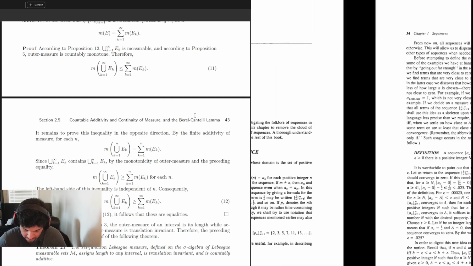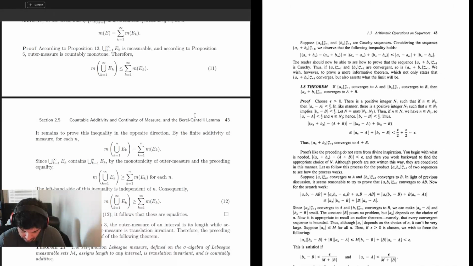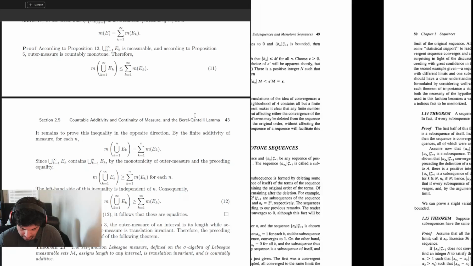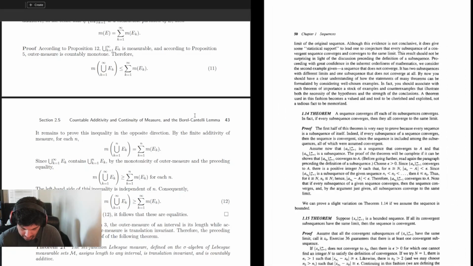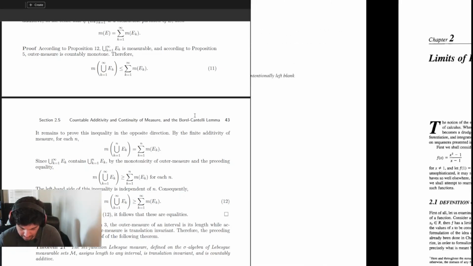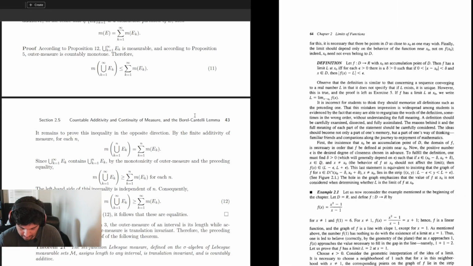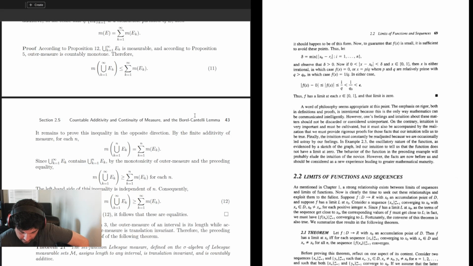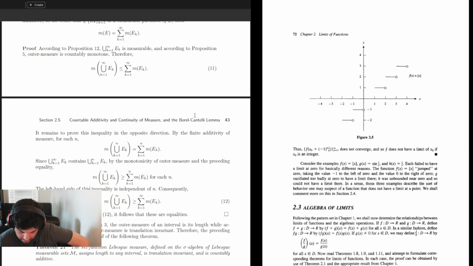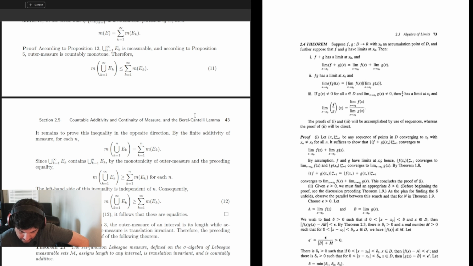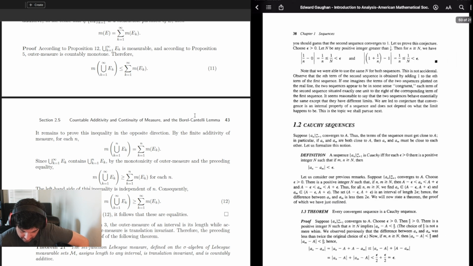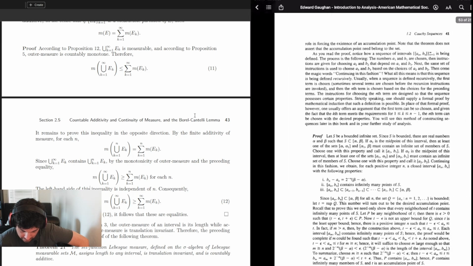Let's see. Where is this? Subsequences. Sequences. Algebra of limits. Wait, I'm on chapter 2. No wonder this doesn't look familiar. Cauchy.